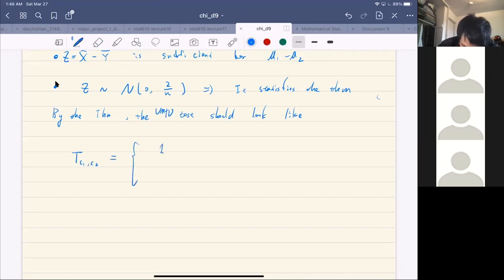We will reject if Z is greater than C2 or Z is smaller than C1, and we will fail to reject if Z is in this interval.